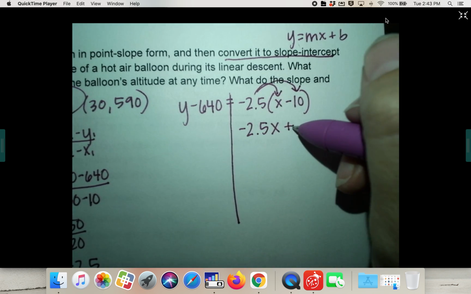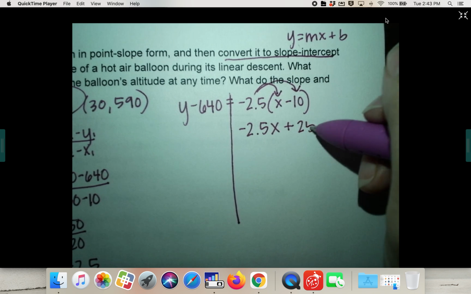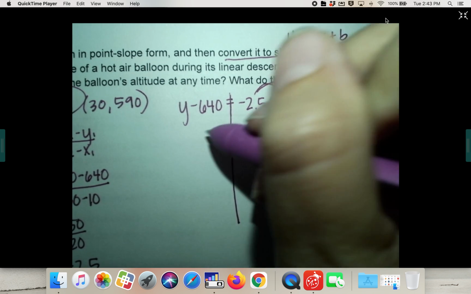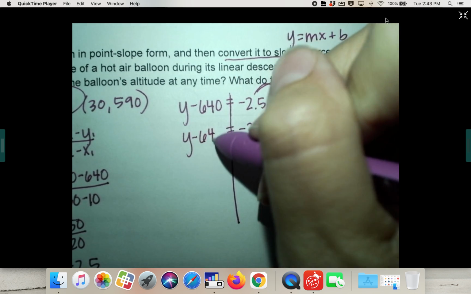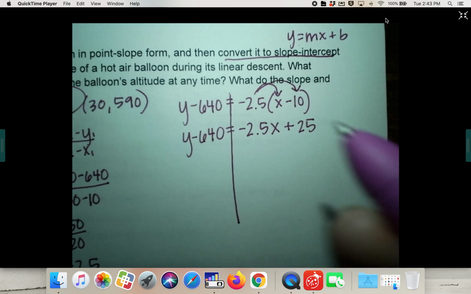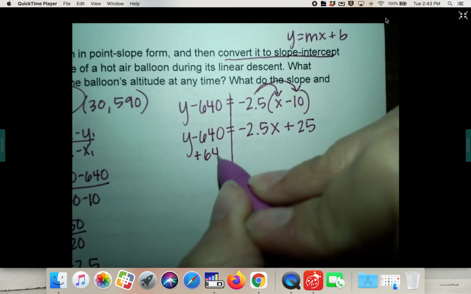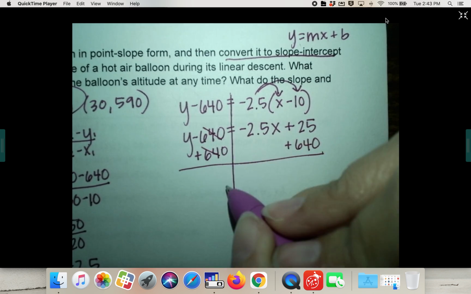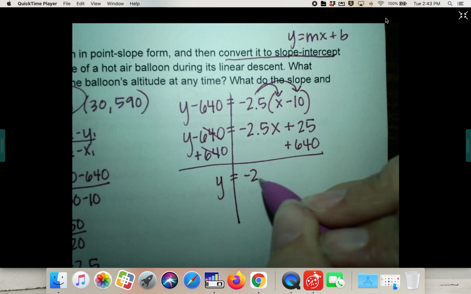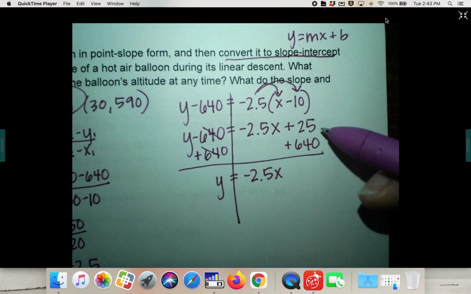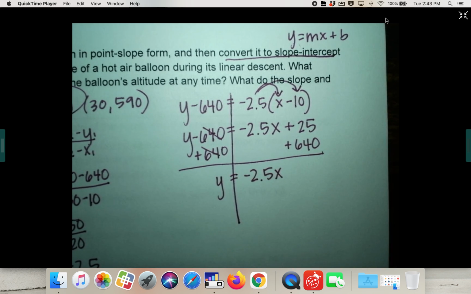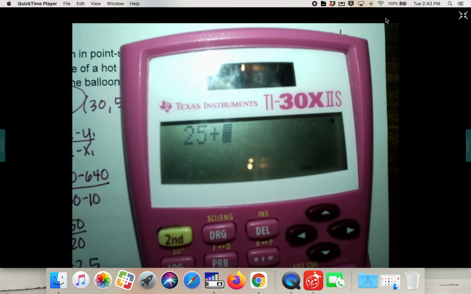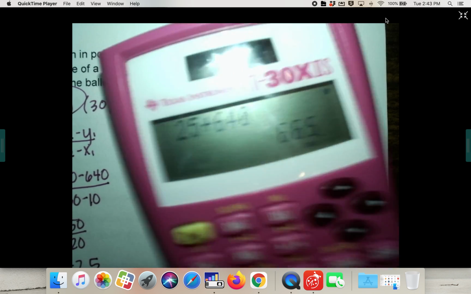Negative times negative is positive 25, I believe, if I did that right. On the other side, y is almost by itself. It's subtracting 640, so I need to add 640. Y equals negative 2.5x. 25 plus 640 is 665.